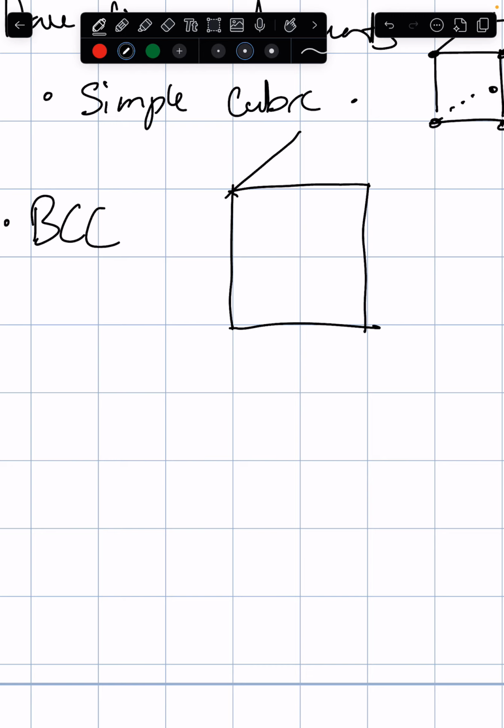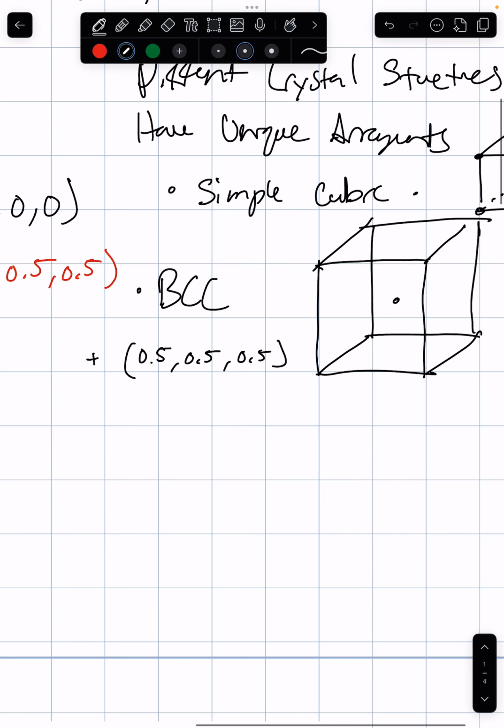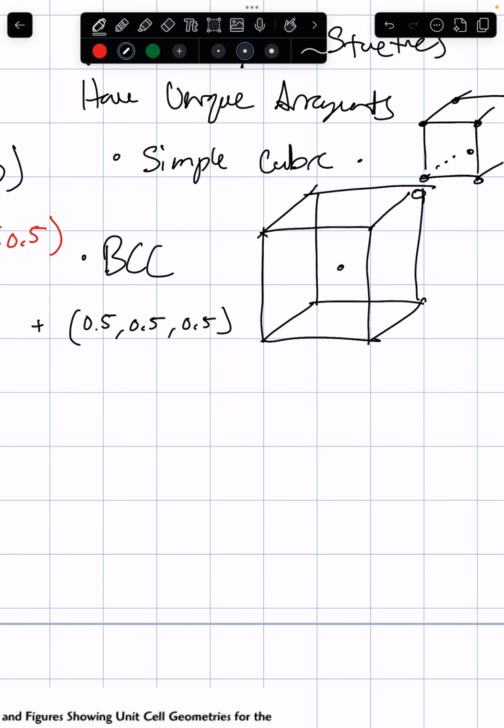If we think about our cubic structure here, we have a 0.5, 0.5, 0.5 added on top of the simple cube. So you have one center. Here, we can make those different colors, greens. And this is your BCC.